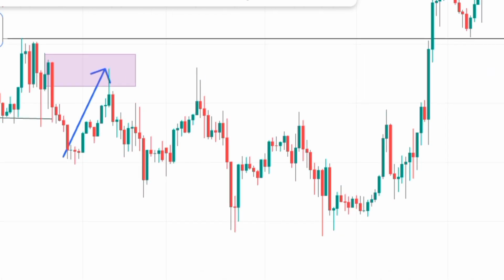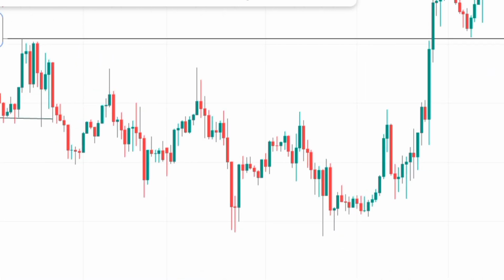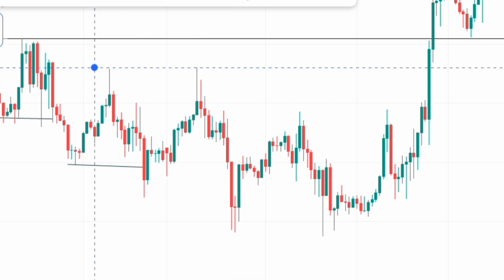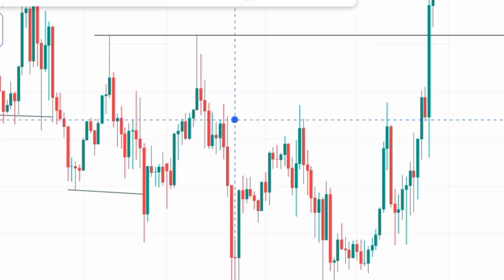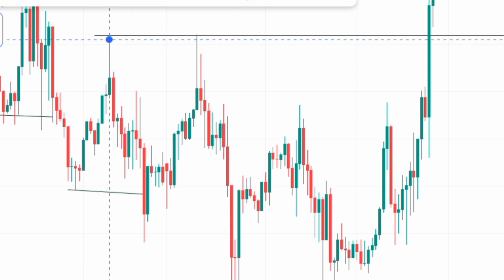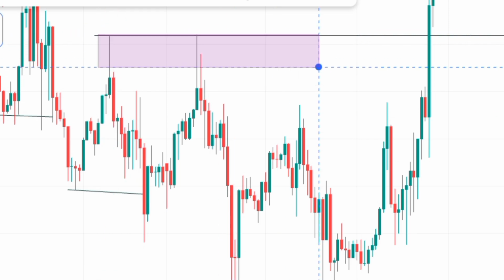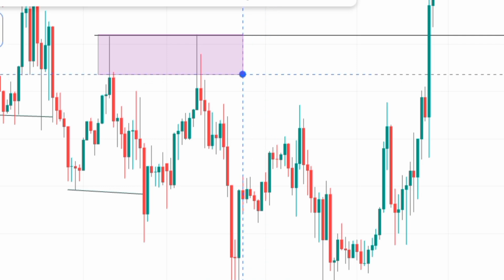Then you can see that after that, market came and broke another low right here. Then what we do, we always look for the lower high that made a break. Of course, it is right here, this lower high that made a break of market structure. We always wait for the pullback. We trade a pullback. On the pullback, those people who trade order blocks, there was that order block that made today break of market structure.